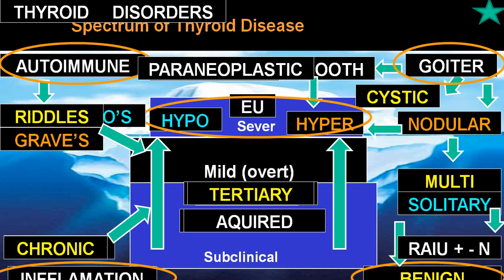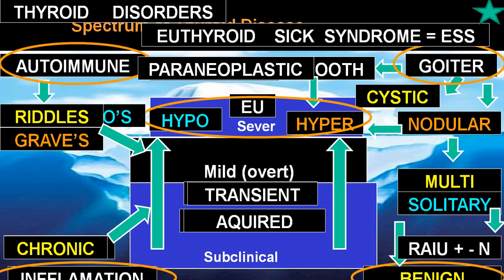Or you can have an ectopic secretion of TSH from different malignant tissue like bronchogenic carcinoma, ovarian teratomas, or testicular teratomas, or very rarely from GI tract tumors also. It can be transient or persistent.